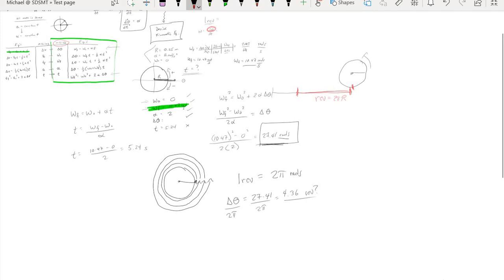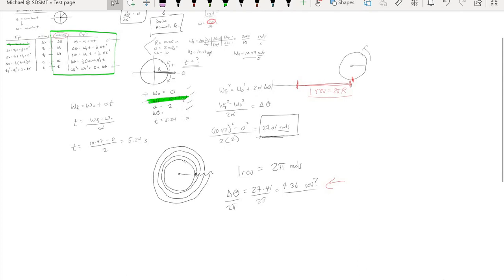So every time the wheel rotates as it travels down the road, it covers a displacement equal to 1 physical revolution, which is equal to the circumference of the wheel. Well, we already know that the wheel is going to spin through 4.36 revolutions.